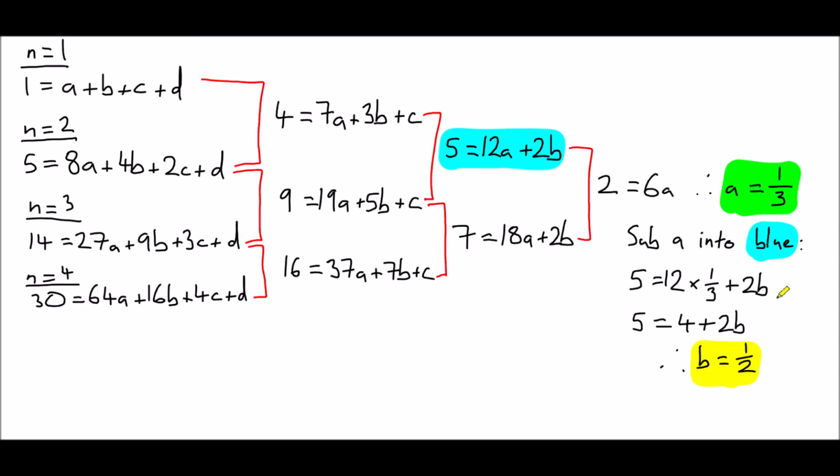Now we know that b is a half, we can now substitute this into, for example, this equation. So if we sub a then b into the purple equation, I can pick any one now, really. I can pick, say, this one.